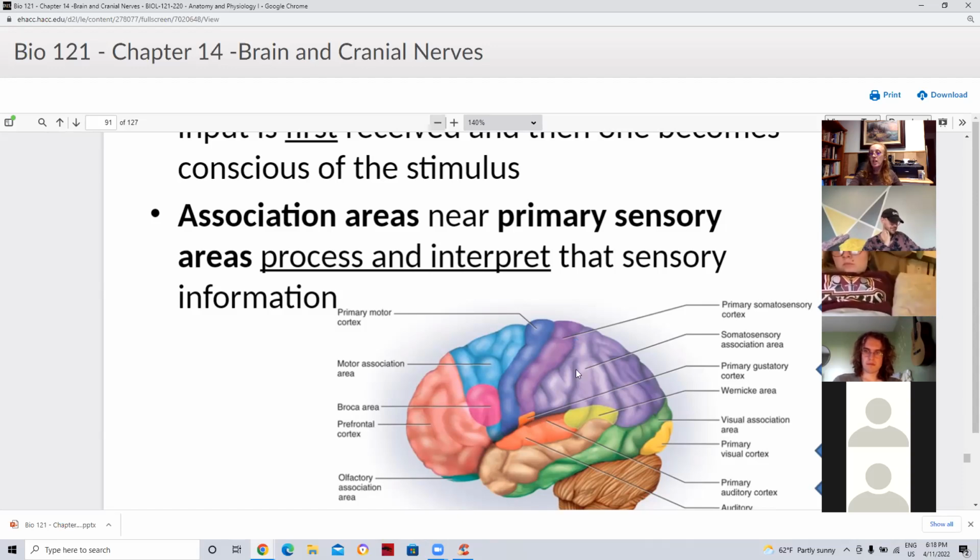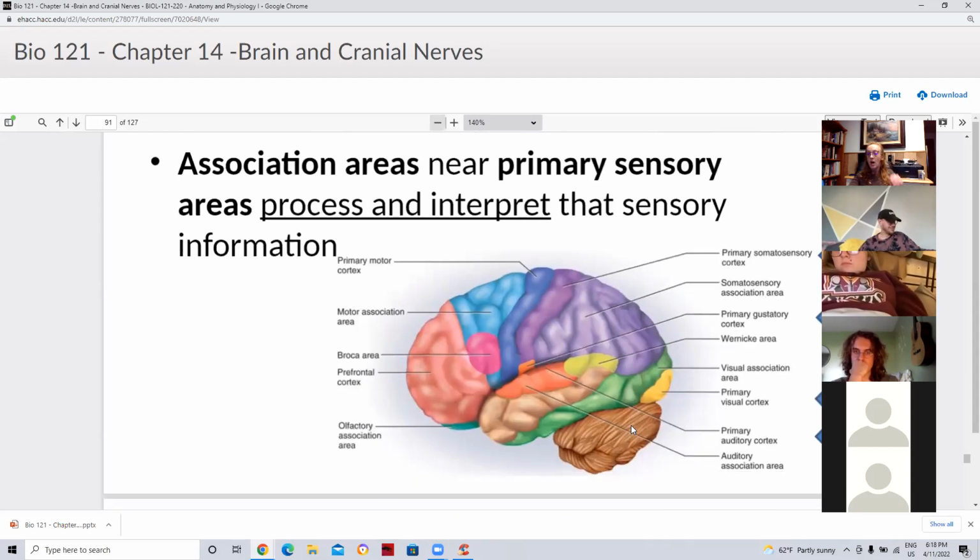Primary visual cortex, something you see. Well, how does it relate to what you've seen in the past? That's your visual association area. Primary auditory cortex. You hear something for the first time. Well, how does it compare against what you've heard in the past?